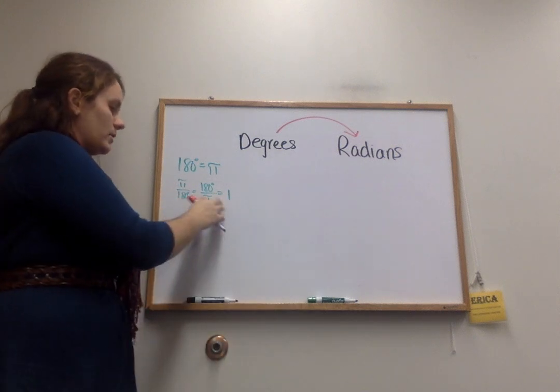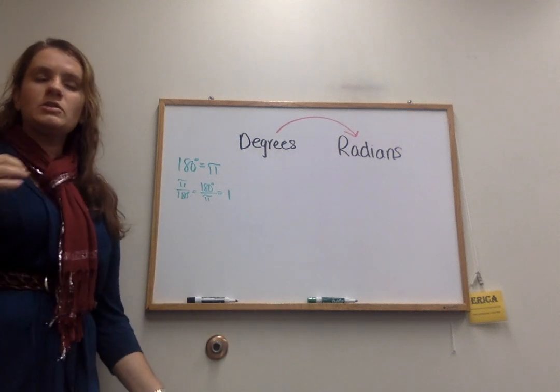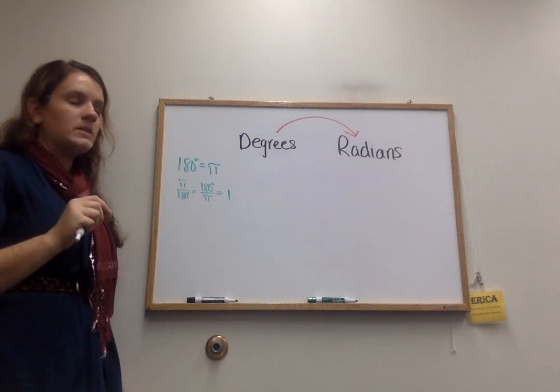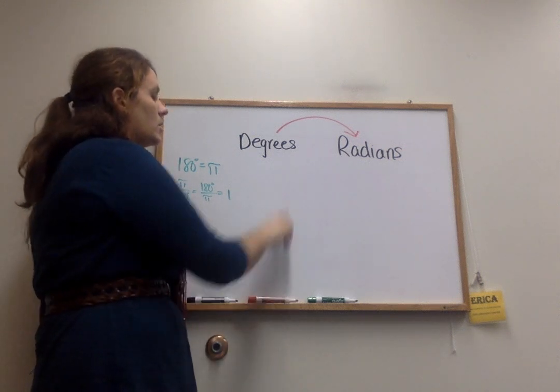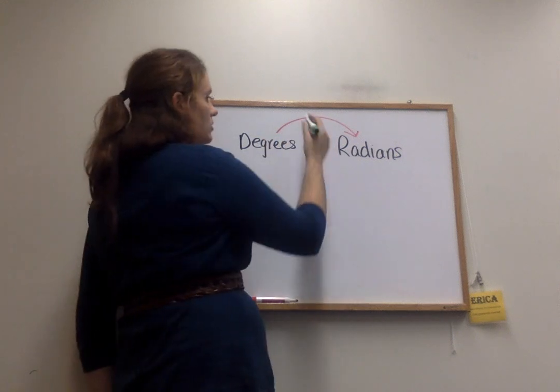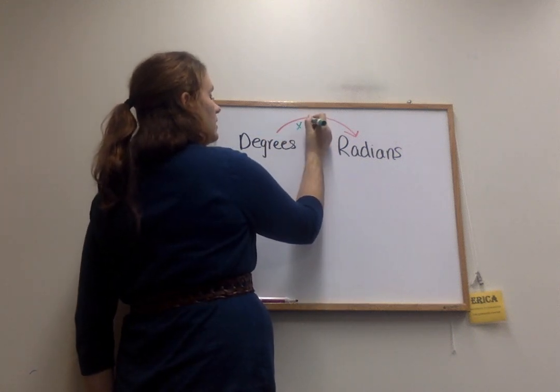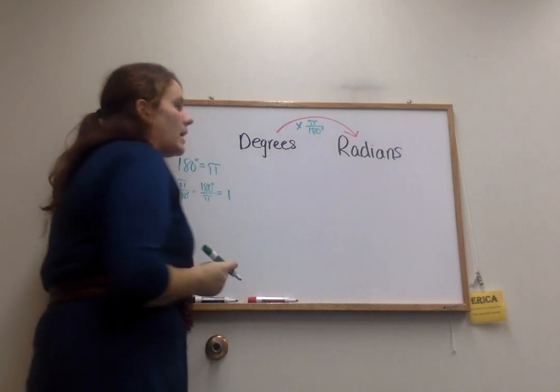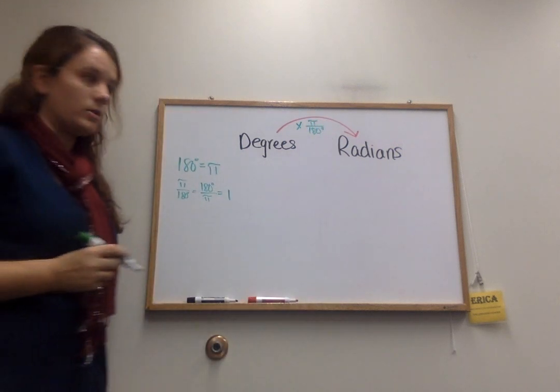When we multiply by one of these 2 fractions, we need the degrees to cancel each other out, which means degrees has to be in the denominator. So when we are converting from degrees to radians, we multiply whatever our angle is by the fraction pi over 180 degrees.